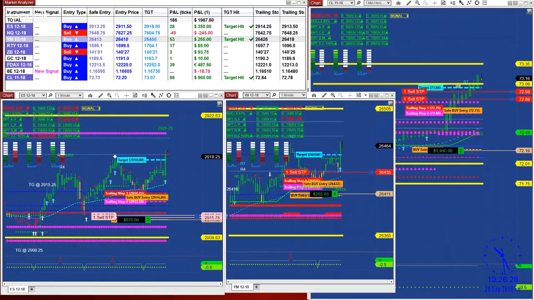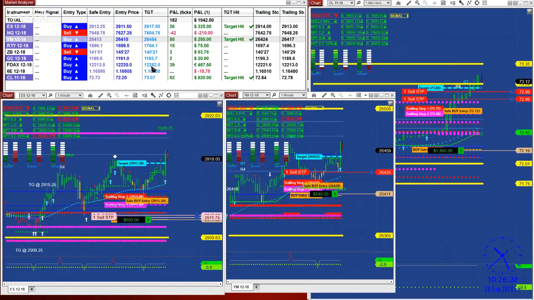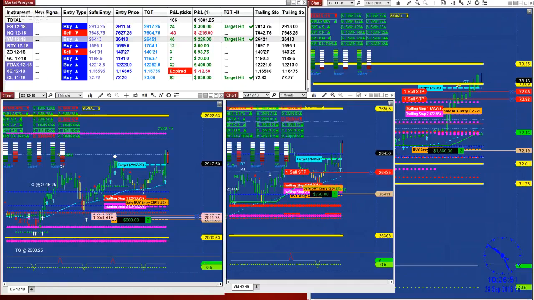Actually, we have a new signal on the 6E entry 6605, target 6730. The Nasdaq is not moving, Mr. Yes, sir. It's not moving. There is something wrong with the Nasdaq.